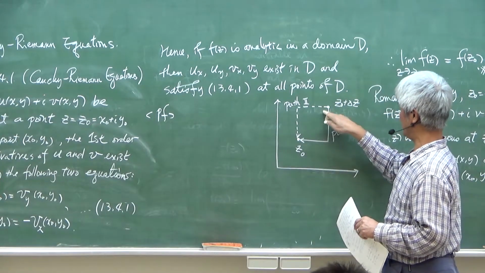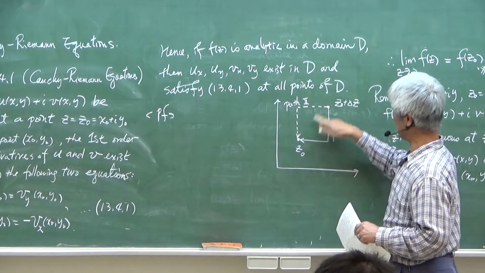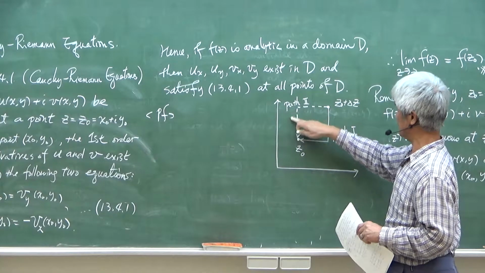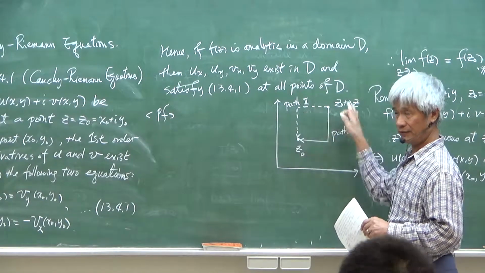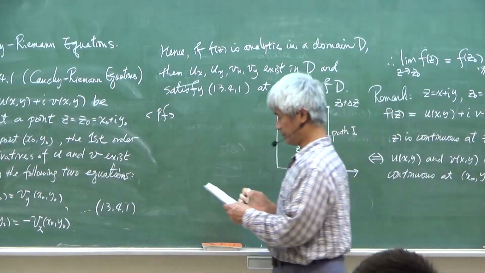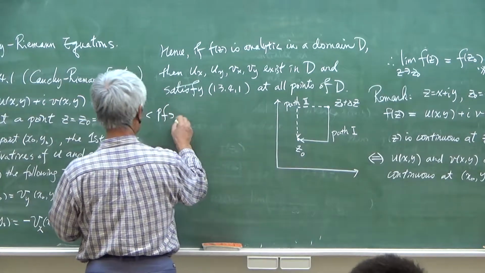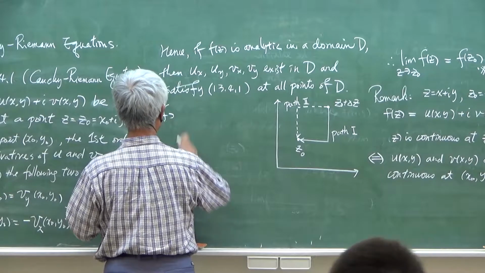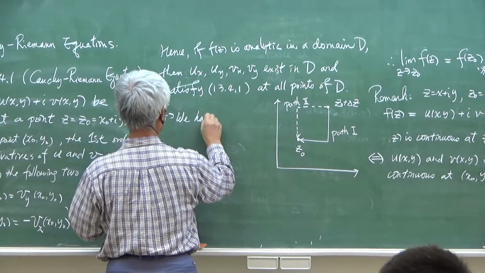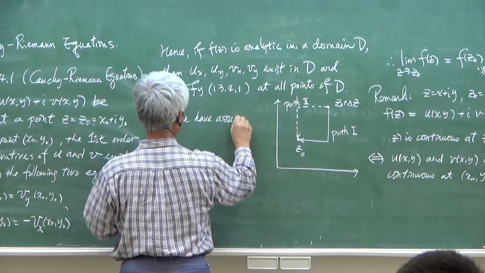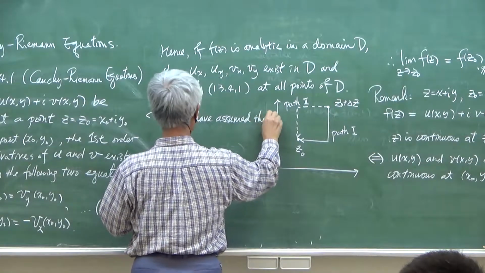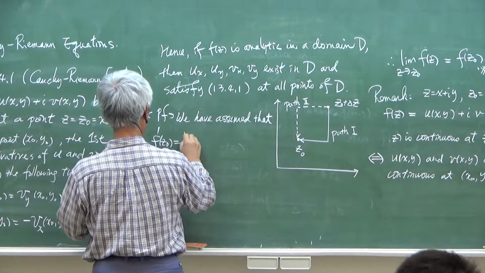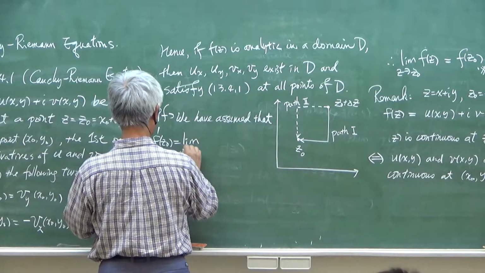The second path is we first approach 0 through the real part and then the imaginary part. So there are different orders for doing so. Now we have assumed that f prime of z0 exists, right? So the limit exists.